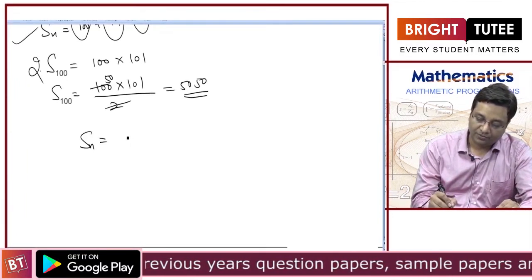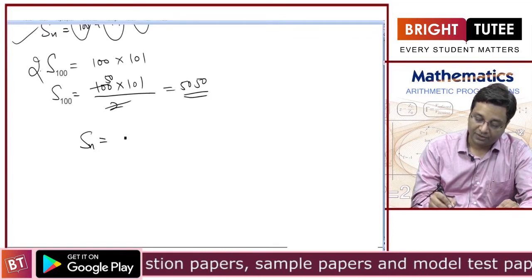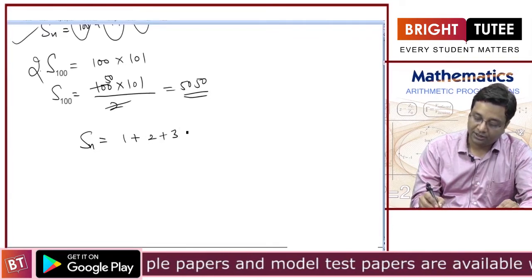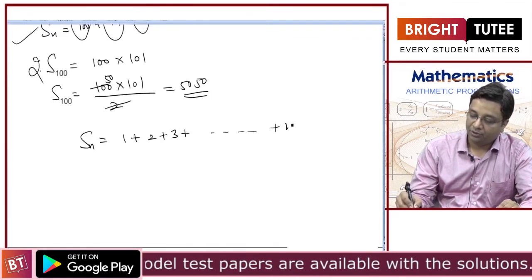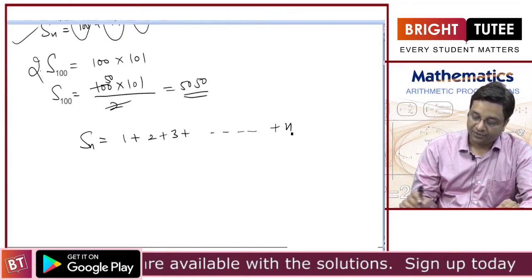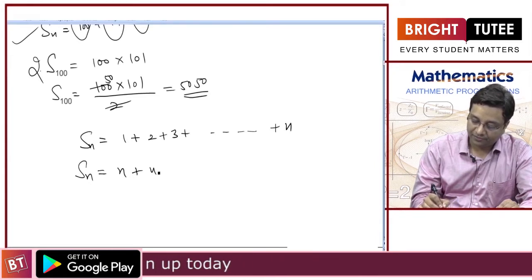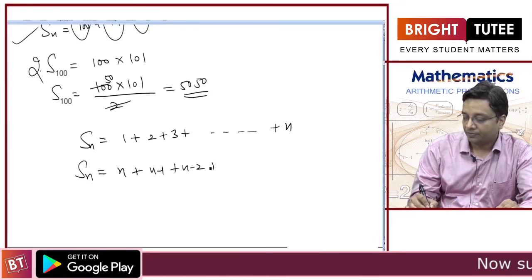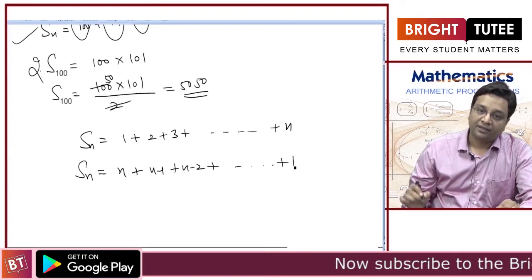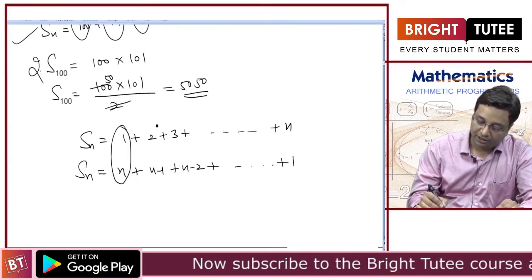Sn equal to, let us say we take 1 plus 2 plus 3 plus up to n natural numbers, right? So if I want to derive the formula for this, I just need to flip these numbers, okay, and now I add the corresponding terms.